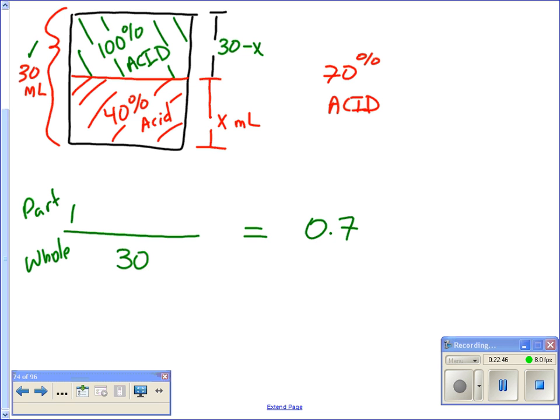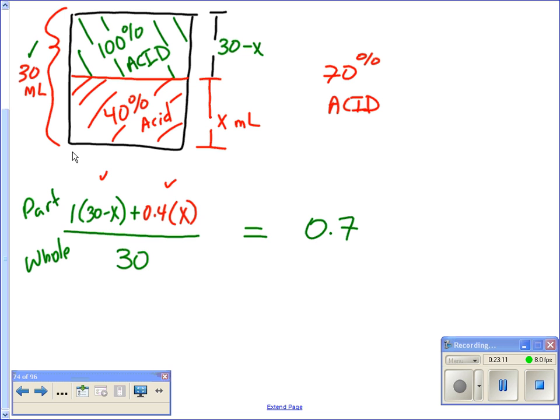If you change 100% to a decimal, you get 1. All right? So it's 1 times the 30 minus X. All of that is acid. Okay? Plus, in the red area, only 40% of that is acid. So 40% of what's in the X area is acid. So you've got 100% acid here and 40% acid here divided by the total, which should give us 70%.